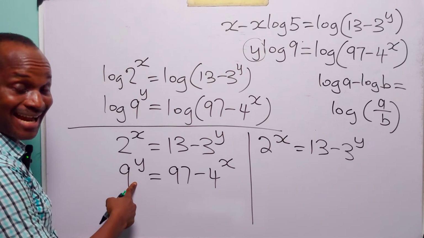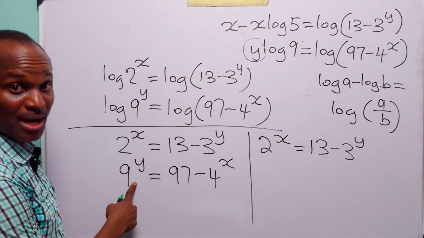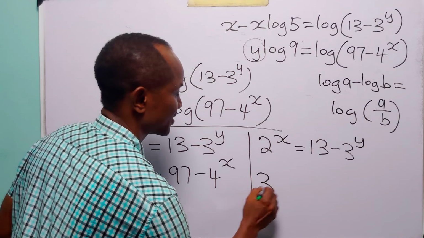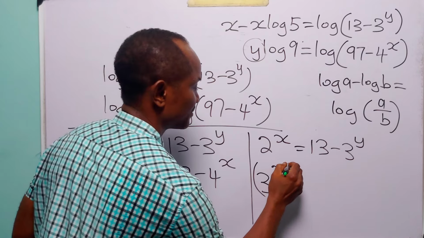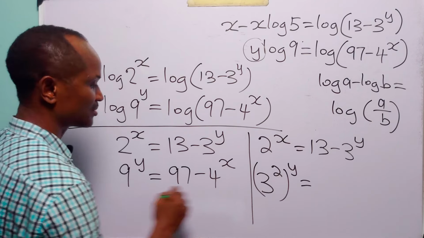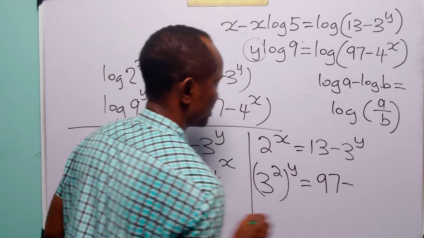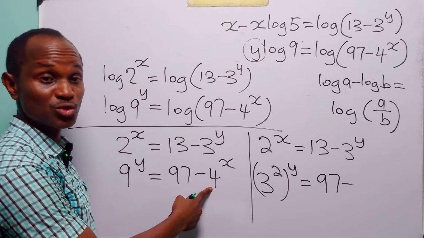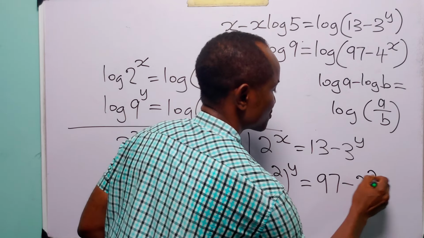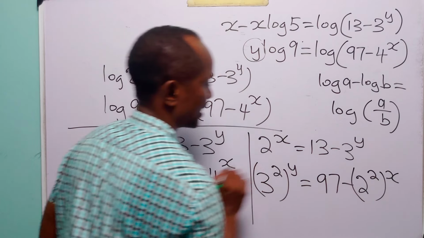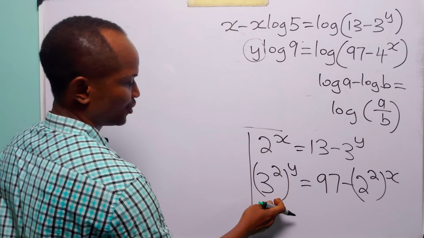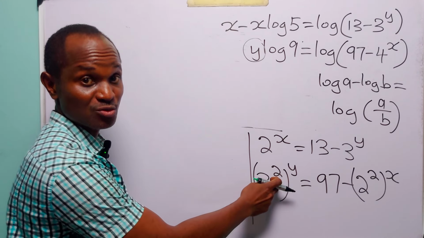Now, remember that 9 is the same as 3 squared. So we can write this as 3 squared to the power y is equal to 97 minus 4 is 2 squared. So this is 2 squared to the power x. And of course, you know that we can switch the places of these two powers.